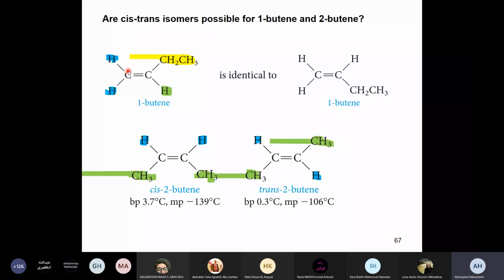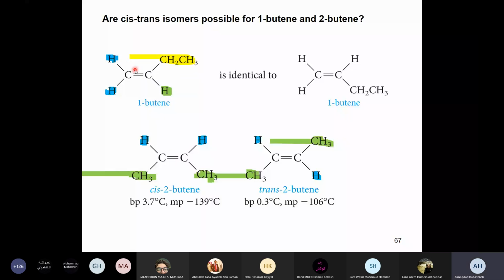Let us look at this 1-butene. If you look at this carbon, it is connected to ethyl and hydrogen, which are different. But this carbon, number 1, it is connected to 2 hydrogens, which are the same. So 1-butene is not stereogenic center and it cannot have stereo isomers or configurational isomers. How come?